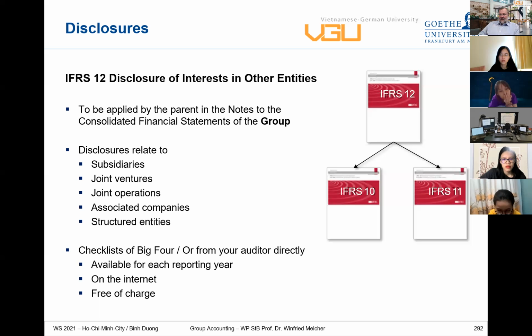And we have to know that when it comes to the consolidated financial statements of a group, we have to look in IFRS 12, which is about disclosure of interest in other entities. So other entities are subsidiaries, associated companies, joint ventures, joint operations, structured entities, and things like that.